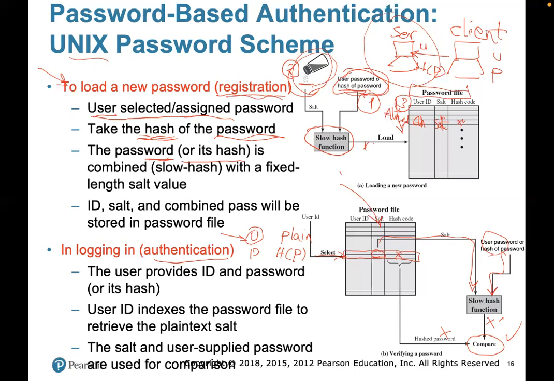And the other thing that needs attention in this slide, or in this example, is a slow hash function. What is a slow hash function? Basically, it is a hash function, but it takes more time than normal hash functions to be finished.